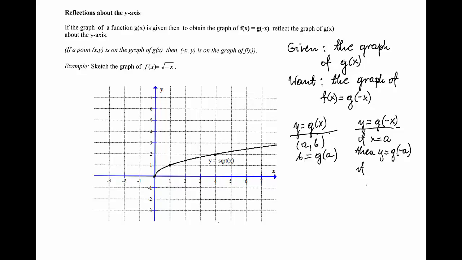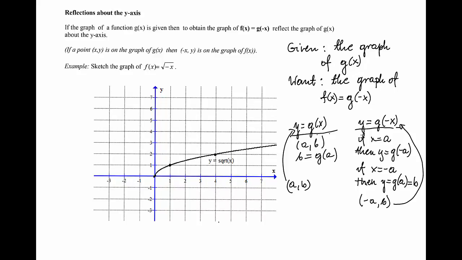However, if I use x equals negative a, then y is going to be g of negative negative a, which is g of a, which is b. And that means that if the point (a, b) is on the graph of the function g of x, then the point (negative a, b) is going to be on the graph of function g of negative x.